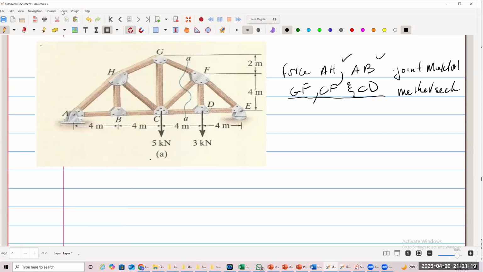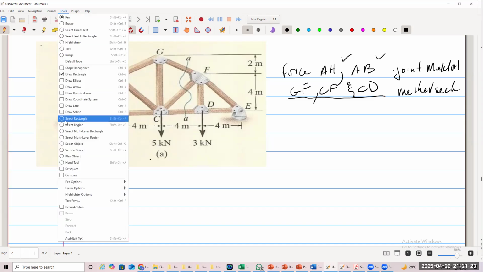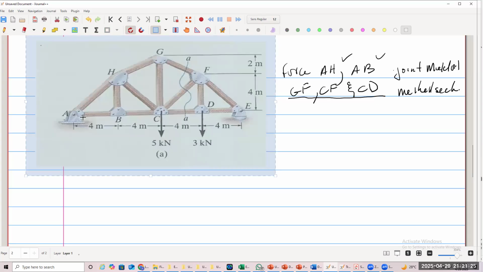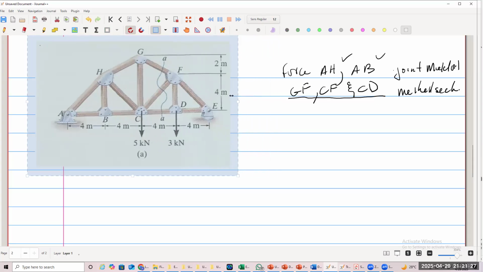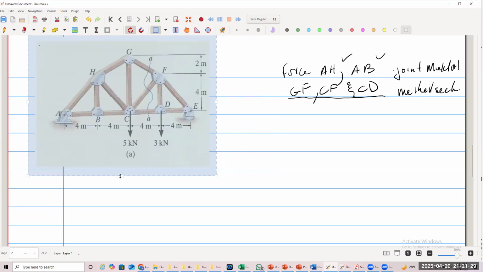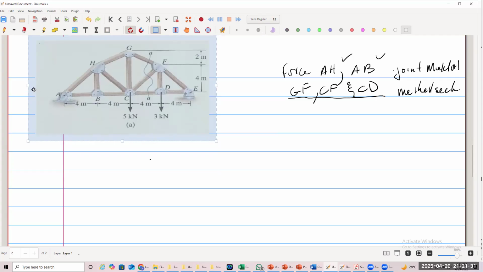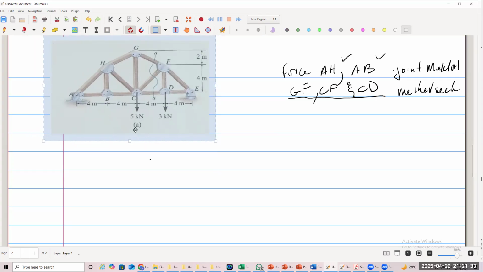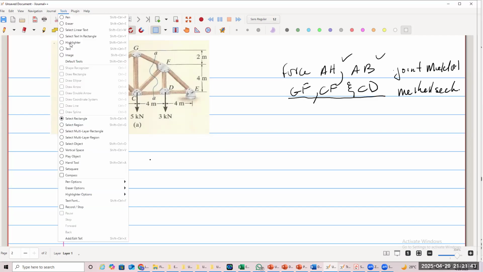Come on, tools, where are you? My drawing tools, okay, let me try again. Make it a little bit smaller, it's a bit too big, taking up the page. Hopefully we can still see it. So that is your figure. Where are my tools now? I'm not seeing any of them.